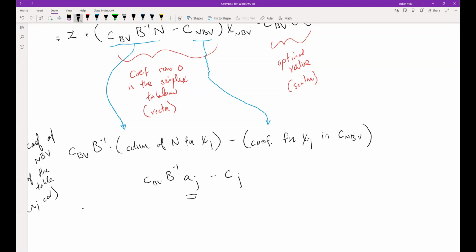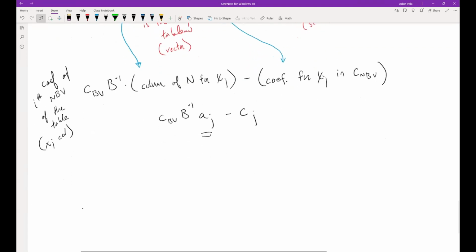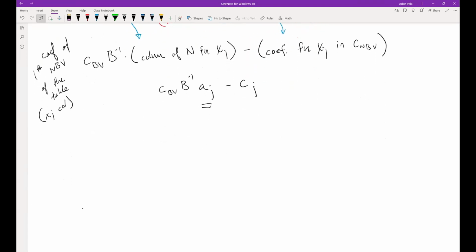All right, so let's see how this plays out by an example, because I think that makes a little bit more sense. In our example, our CBV was equal to 0, 20, 60.